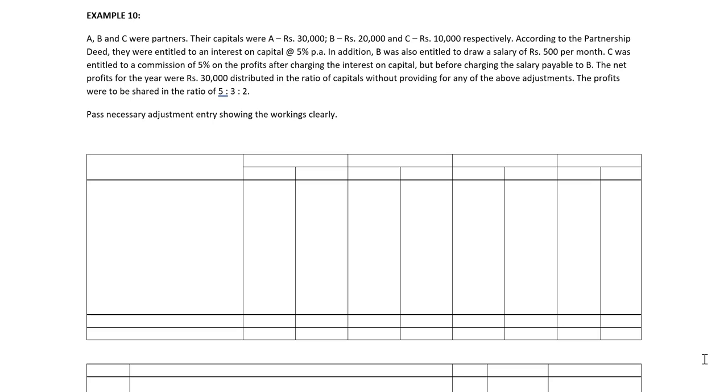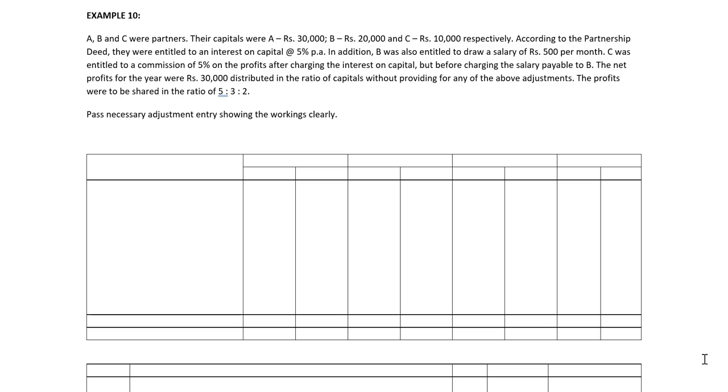That is the first mistake. The second mistake is that IOC at 5% per annum was omitted to be allowed. The third mistake is B was not given the salary of rupees 500 per month. And the final mistake, C was not given his commission.